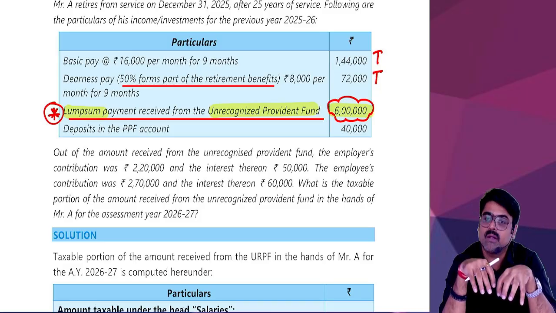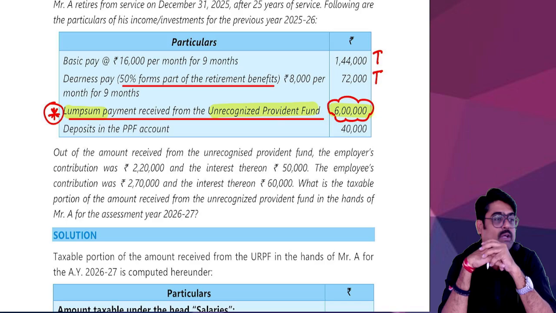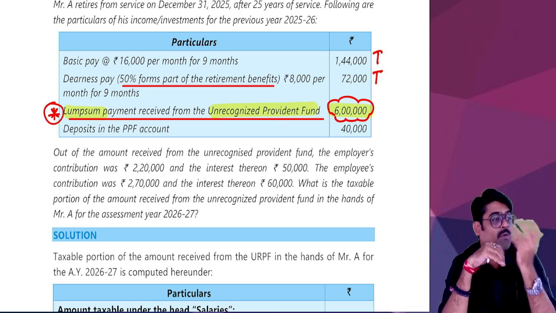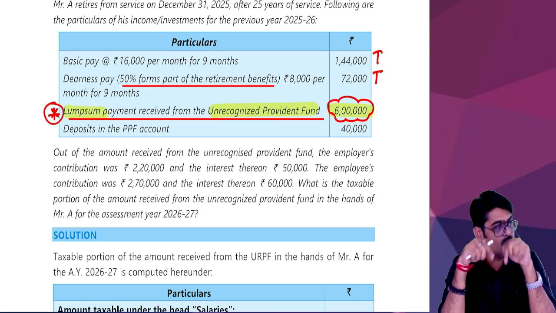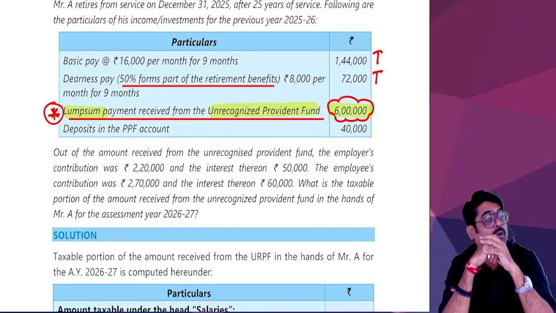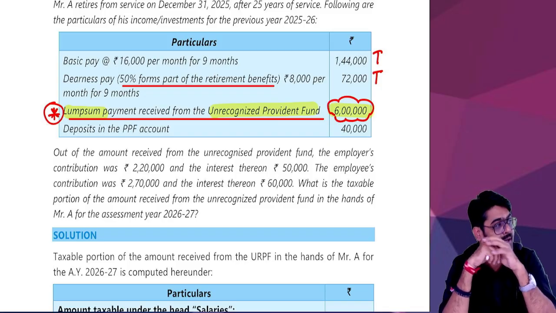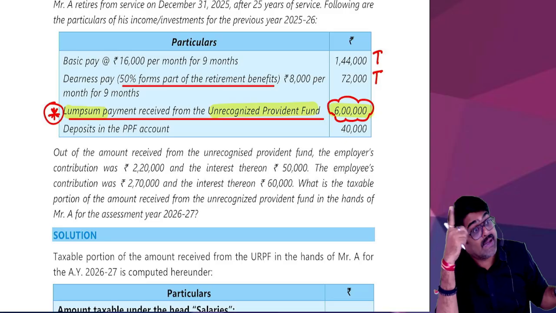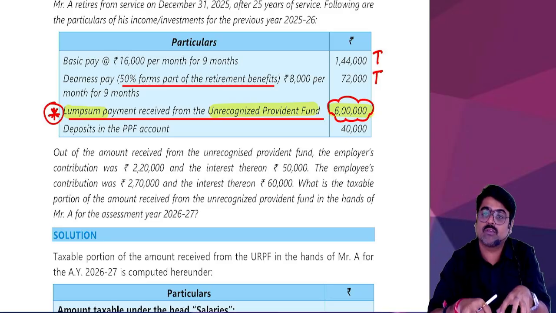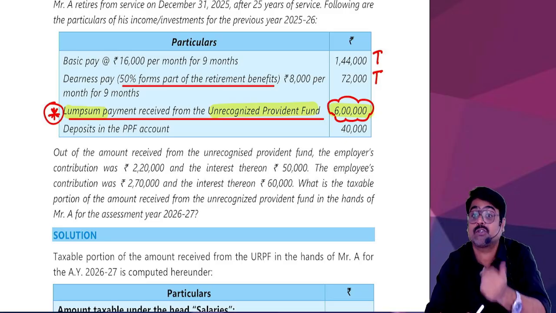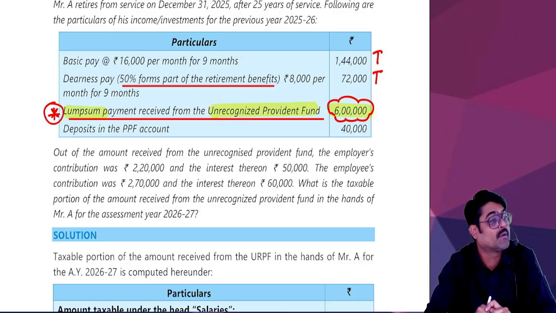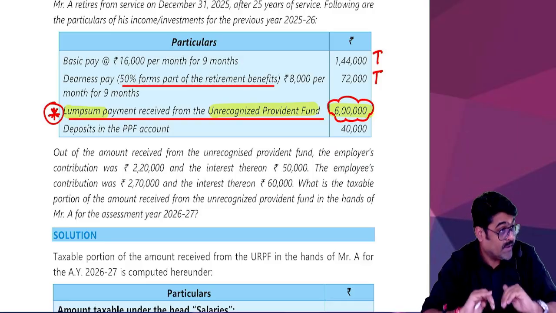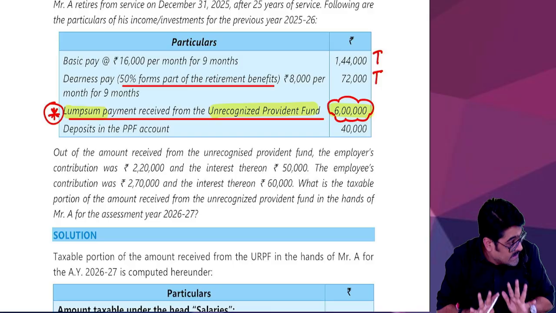So out of this lump sum, employee's contribution will be there. What will you do? Ignore. Out of this lump sum, interest on employee's contribution is taxable under the head IFOS. Out of this lump sum, employer's contribution and interest on employer's contribution will be profit in lieu of salary, taxable under the head salary.